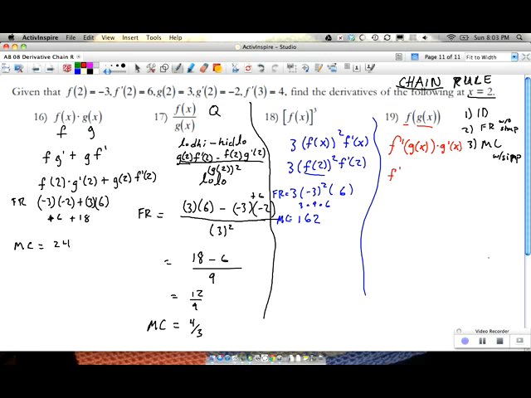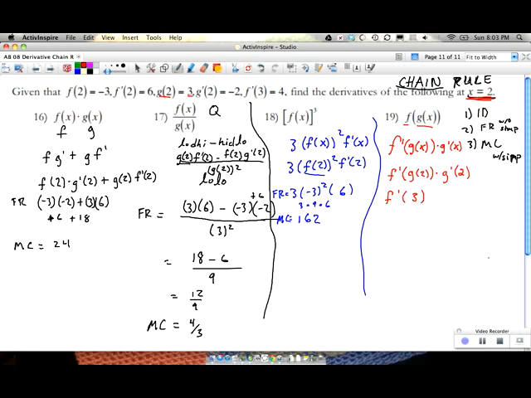Now to simplify that even more, that's going to be f prime of g of 2 times g prime of 2. Because we're plugging in x equals 2. Well, g of 2 is a little bit different here. G of 2 equals 3.